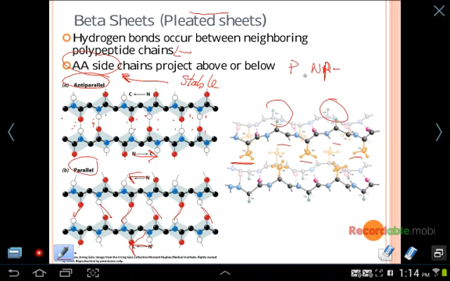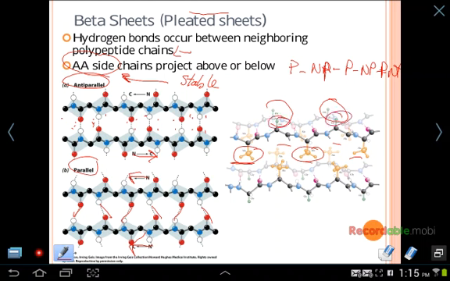So you can have polar, nonpolar, polar, nonpolar, polar, nonpolar. And so when that forms the pleated sheet, all of your nonpolar residues are on one face, and all of your polar residues are on the opposite face.